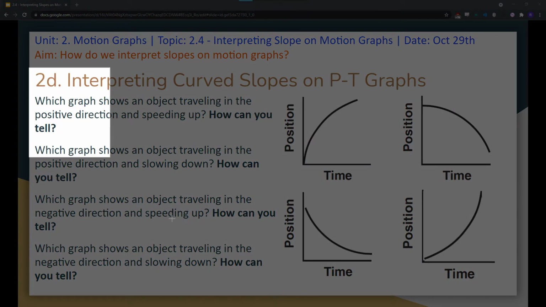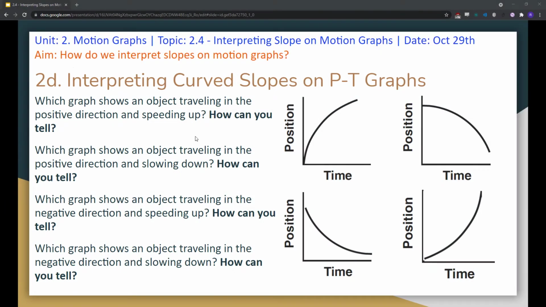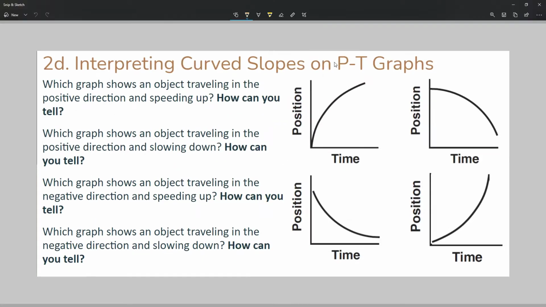So, take a look. Which graph shows you an object traveling in the positive direction, speeding up? You know it's traveling in the positive direction, right? So how do you tell if objects go in the positive direction or not? Well, this is 0, and if you go in the positive direction, that means you're going away from 0, towards the positive direction.